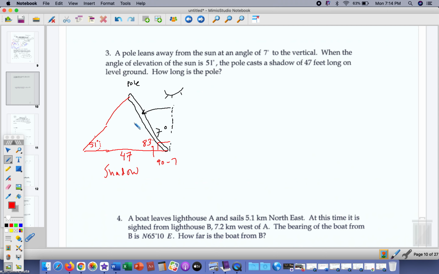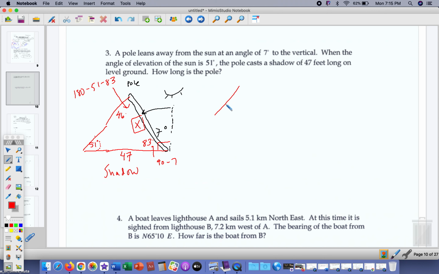How long is this pole? We'll call this x. This is what we want to find, the pole length. Up here, we know that's 180 minus 51 minus 83, so we'll get 46 degrees up here.